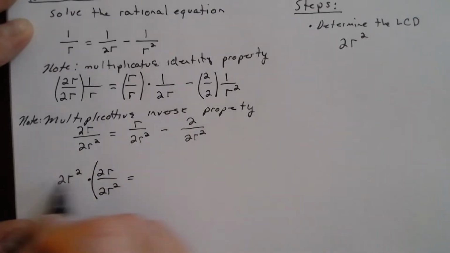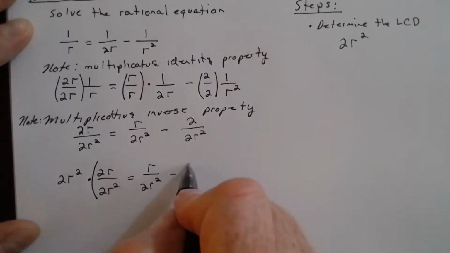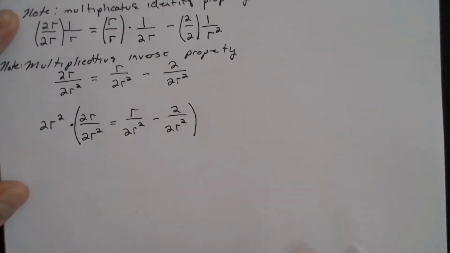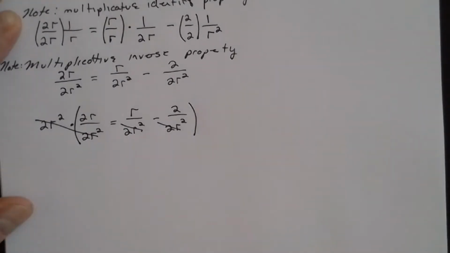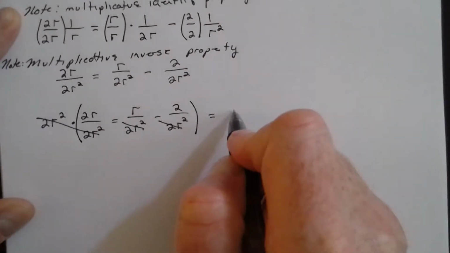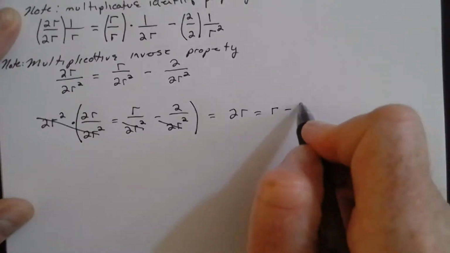And of course we know that this will cancel out, that cancels out, that cancels out. And then we're left with 2r is equal to r minus 2.